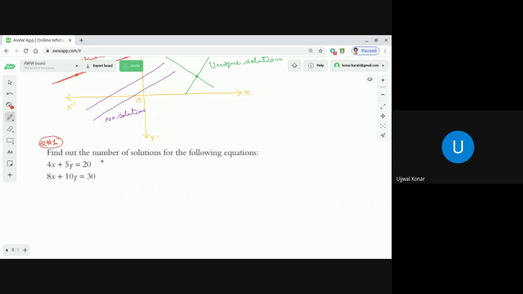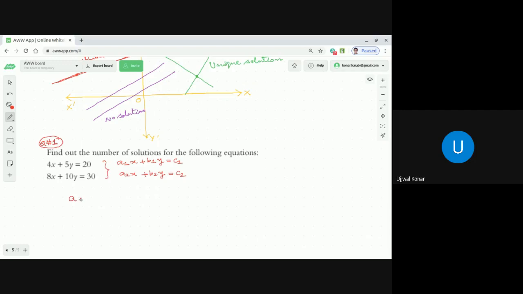So in simple terms, we can make an analogy: we can consider a1x plus b1y is equal to c1, and the second one is a2x plus b2y is equal to c2. So we get a1 by a2, that is 4 by 8.